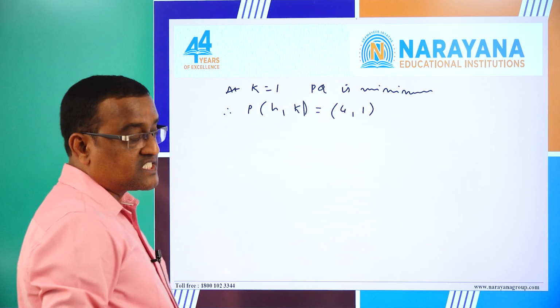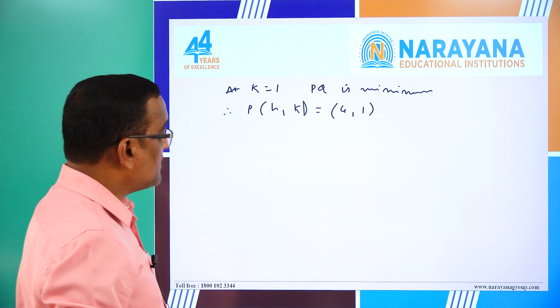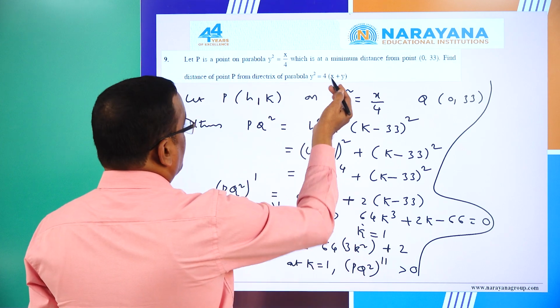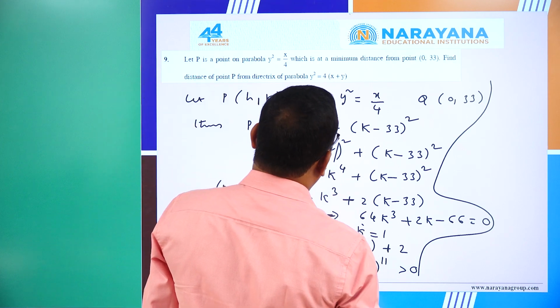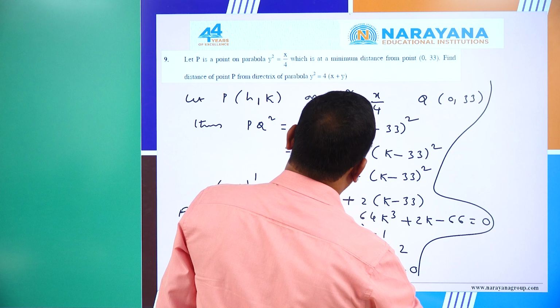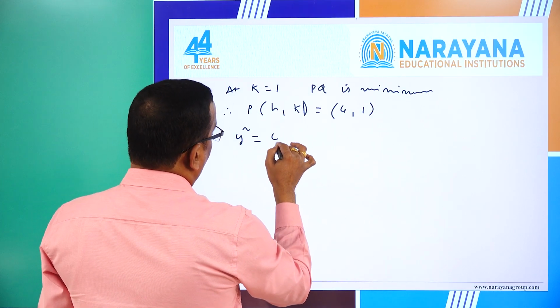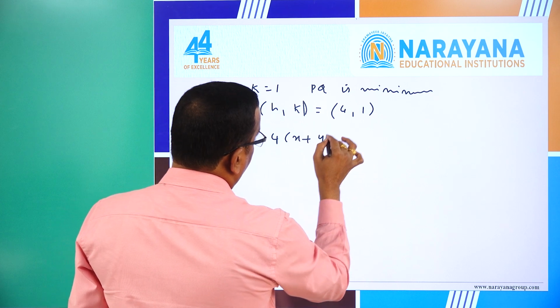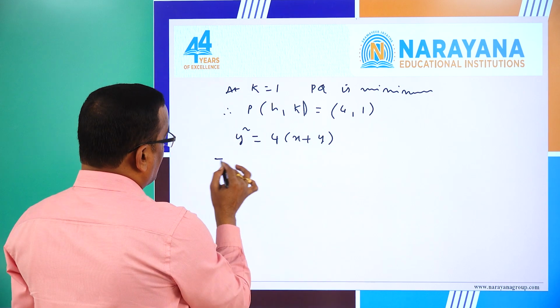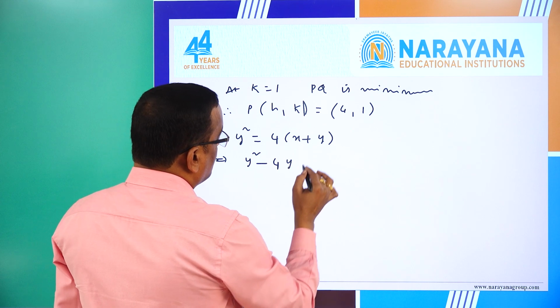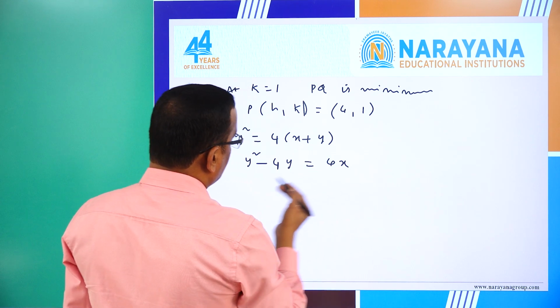Now what you want is the distance from P to the directrix of this parabola. The parabola is y square is equal to 4 into x plus y. This parabola can also be written as y square minus 4y is equal to 4x.